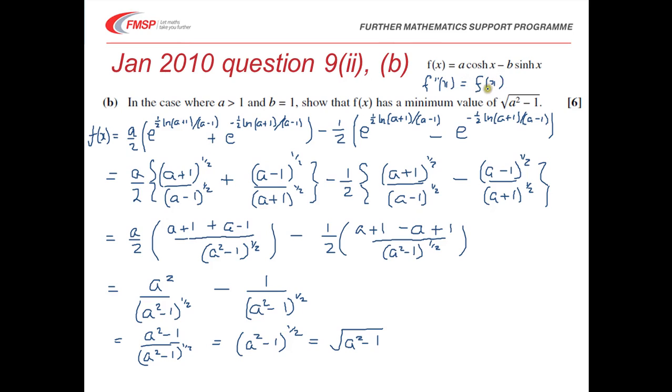And because of that, the second derivative is going to be equal to the square root of a squared minus 1 as well. And of course we know that that is greater than 0. And so we can confirm that it is a minimum.